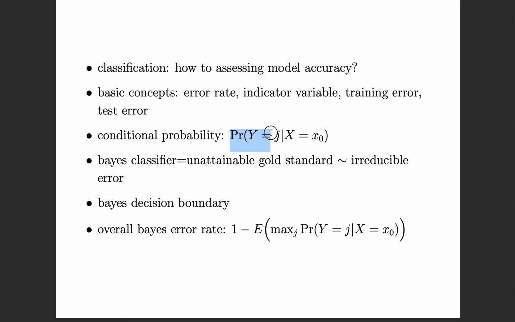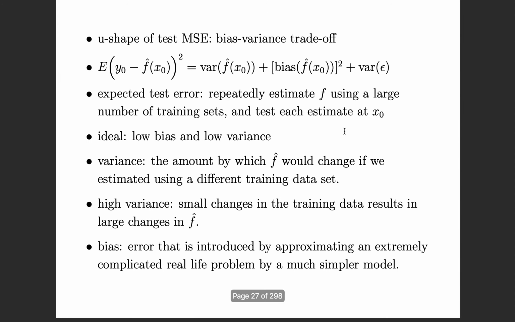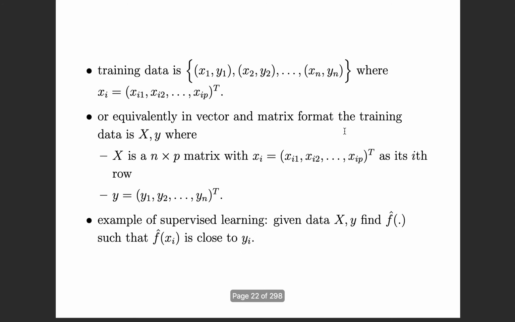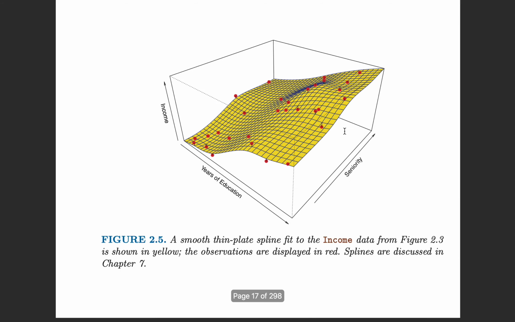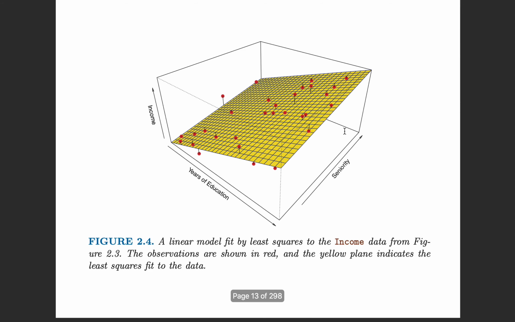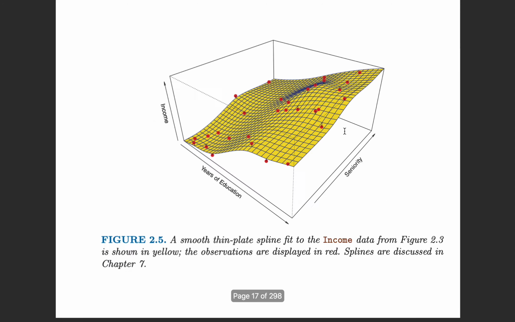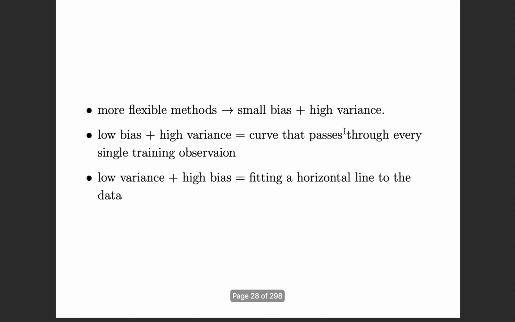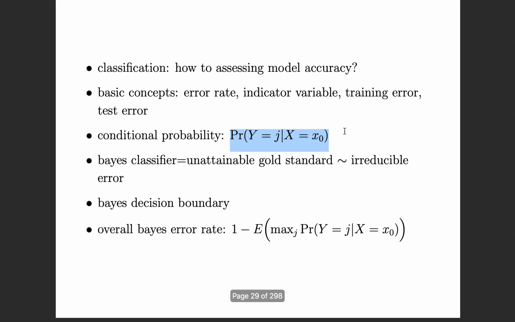Instead of having that function f that we introduced here, for classification problems it boils down to this conditional probability. If x0 is a new email, what is the probability that it is 1 or 0? 1 meaning non-spam, 0 meaning spam.